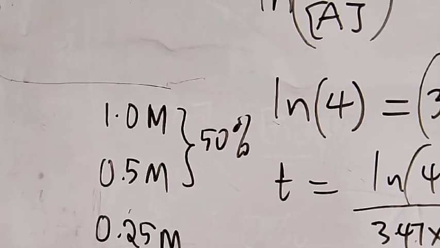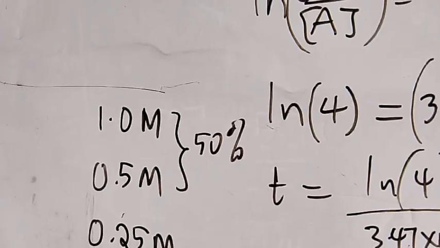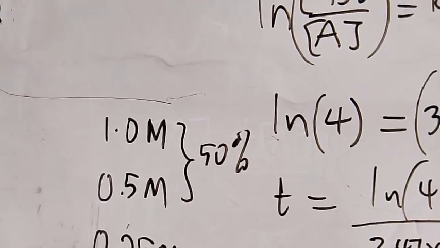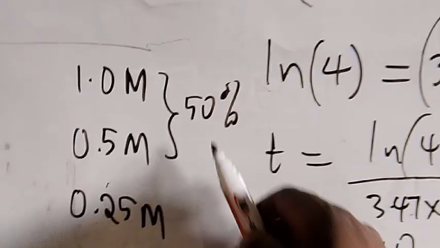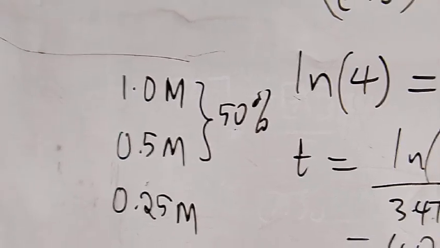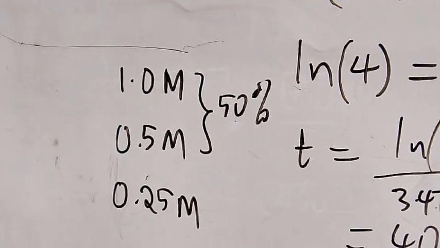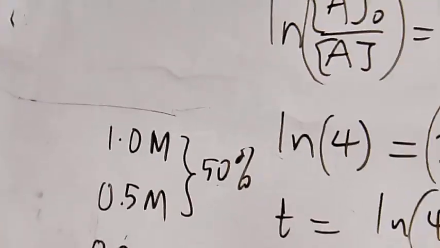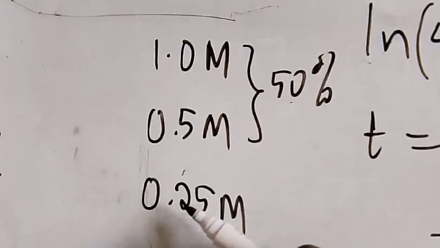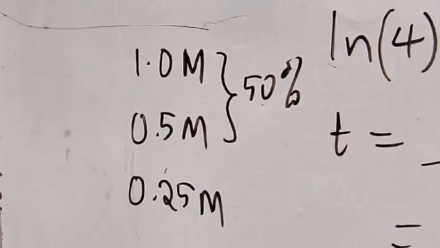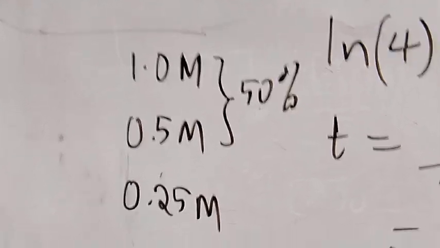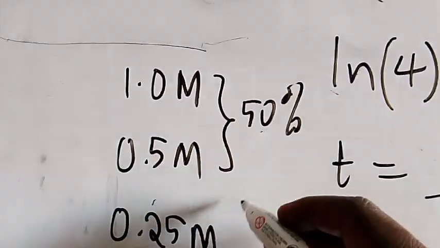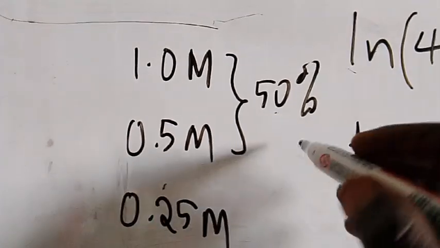After one half-life the reaction has consumed 50%, 50% to completion. After one more half-life we get 0.25.